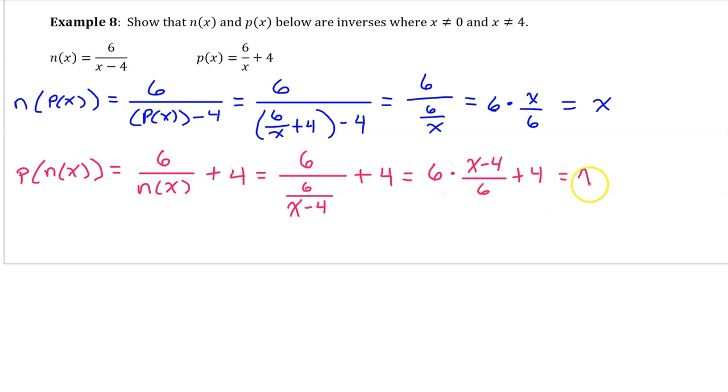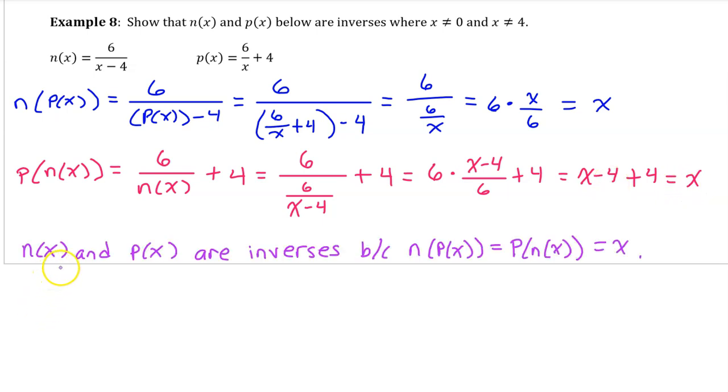So we are left with the x minus 4 from the numerator, and then the plus 4. Of course, the minus 4 and the plus 4 cancel each other out, and we do get x. Finally, we conclude that n of x and p of x are inverses because n of p of x equals p of n of x, which equals x.